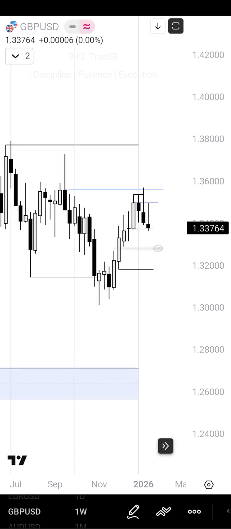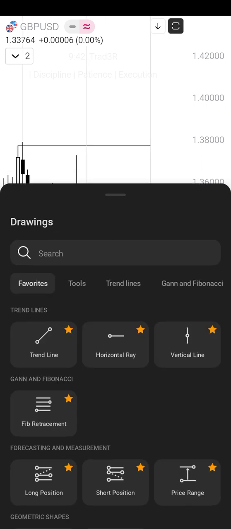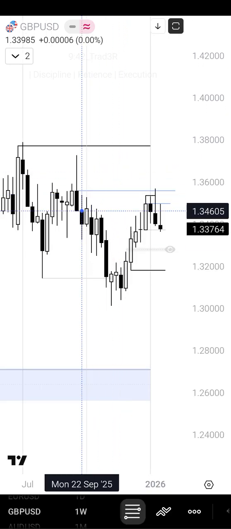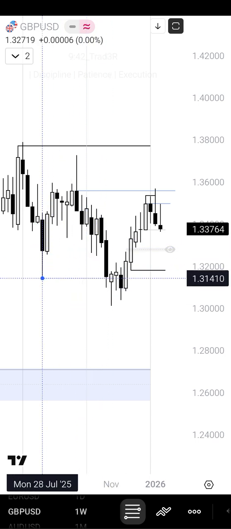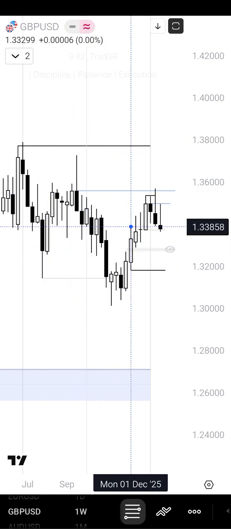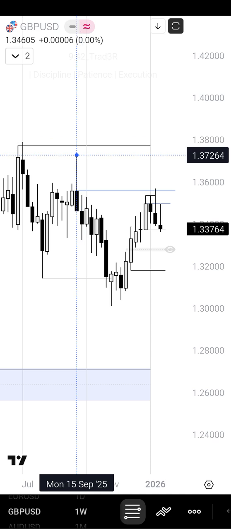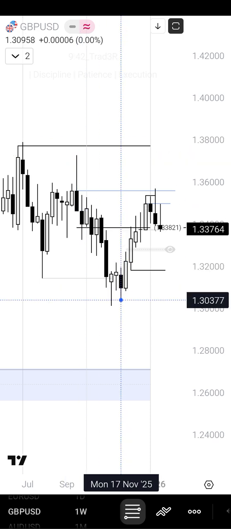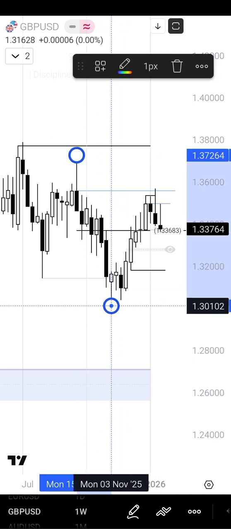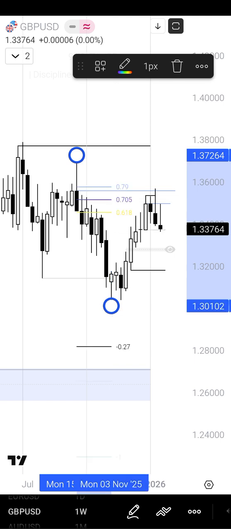Now this is an OTE of this break and close below this low. So this retracement move was the OTE for this swing high, swing low.